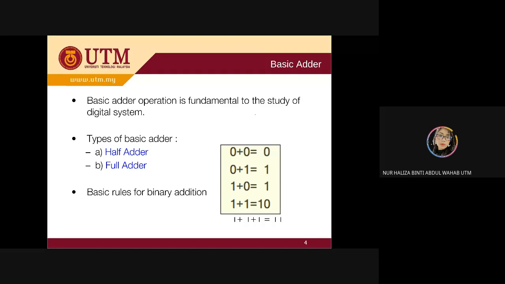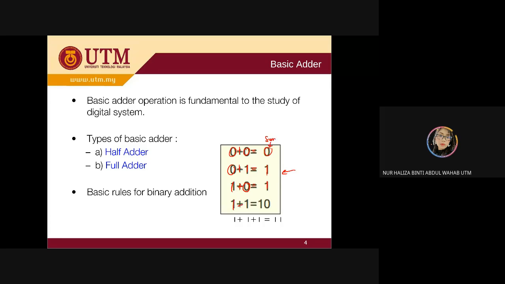So if you still remember this arithmetic: 0 plus 0 equals 0. 0 plus 1 equals 1. 1 plus 0 equals 1. This is all the sum.